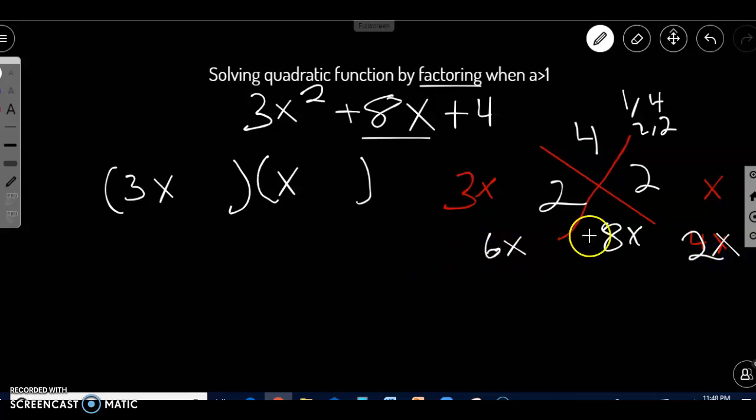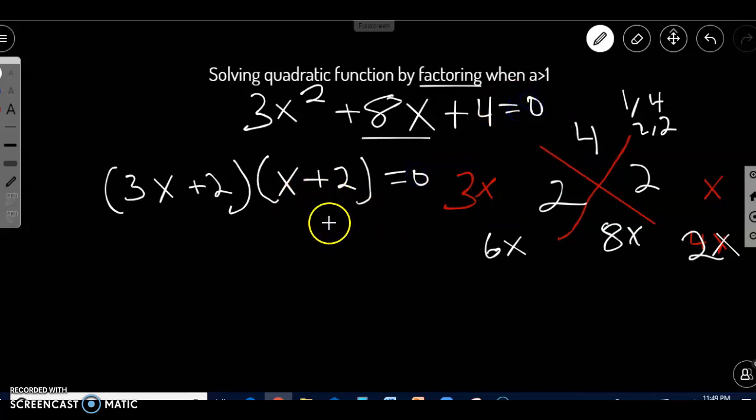And when we add, we get 8. So we see that, oh, this is working for us. Since we know that it's positive 2, you put positive 2 here, and then you put plus 2 also here. And remember, it's equal to 0. Quadratic is always equal to 0.